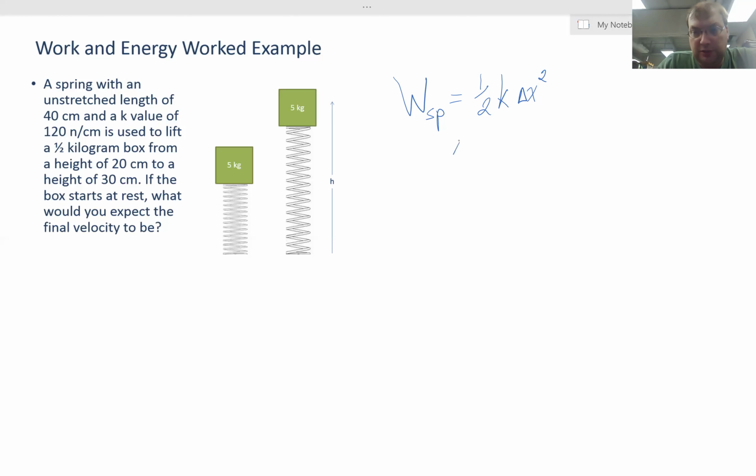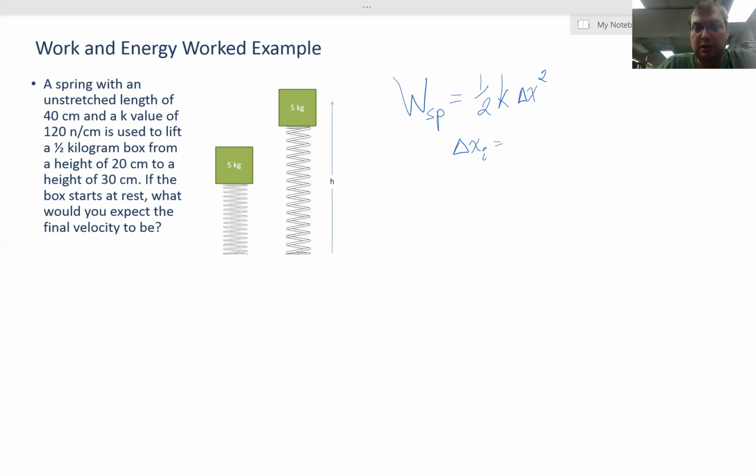So first things first, we want to look at what our change in length, or our compression or stretch, is from the nominal length, or unstretched length, of the spring initially. We were told that the spring has an unstretched length of 40 centimeters.